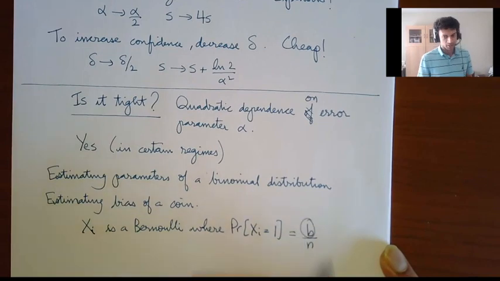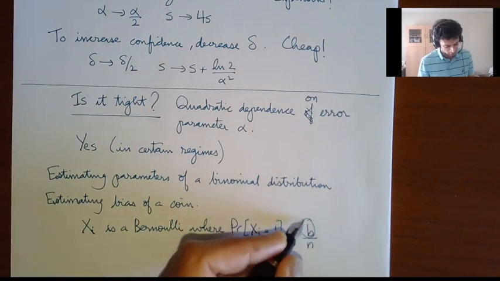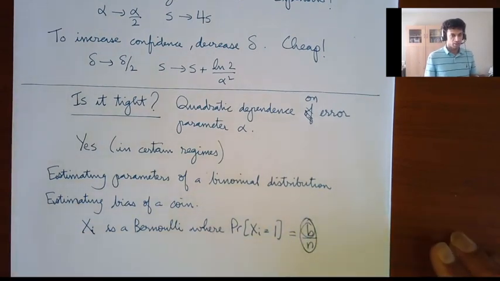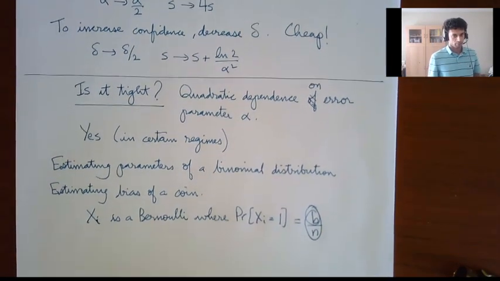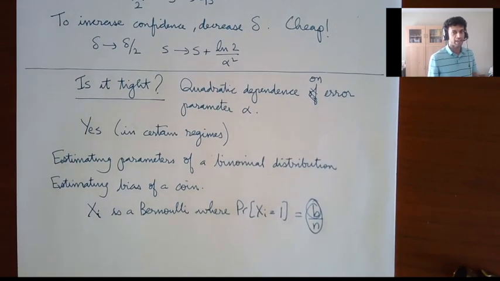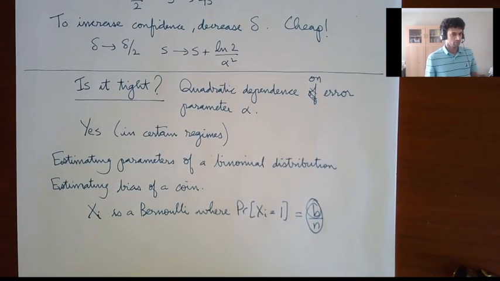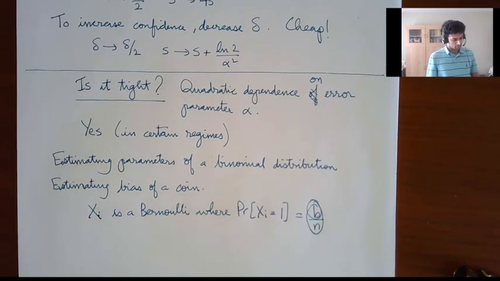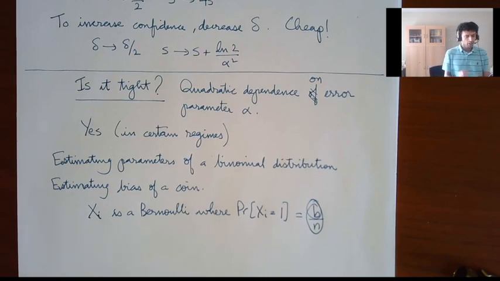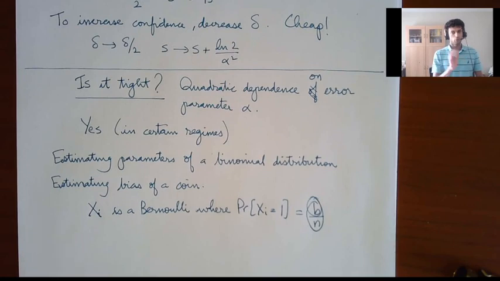And you're trying to estimate b, which means effectively you're trying to estimate b divided by n. So now I can restate the entire question: I have a coin and I want to estimate the heads probability of the coin. How many coin flips do I need to get an accurate estimate for the heads probability of a coin?